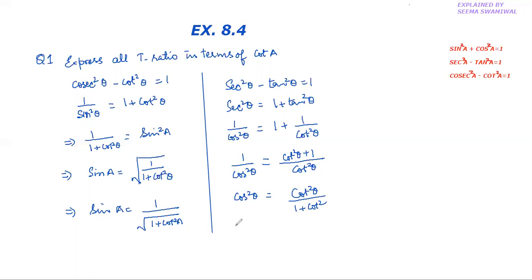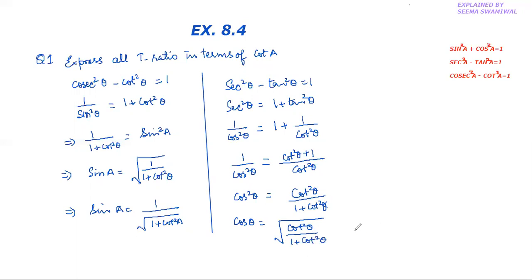Therefore, cos theta is equal to under the root cot square theta upon 1 plus cot square theta.